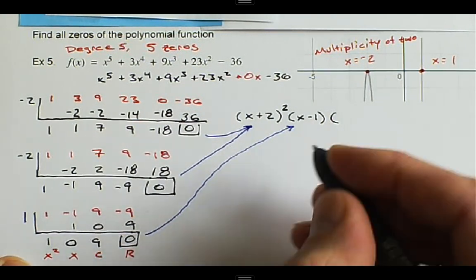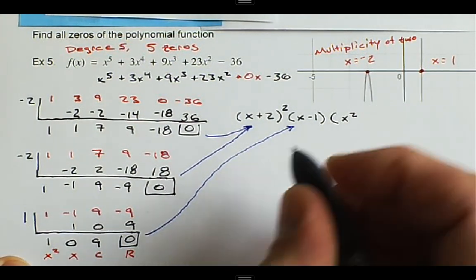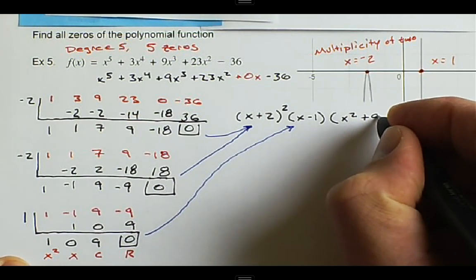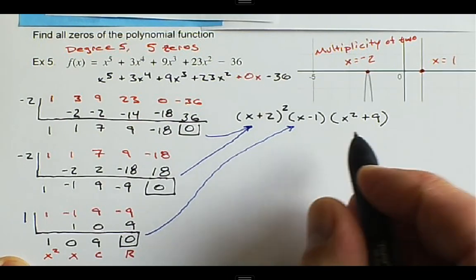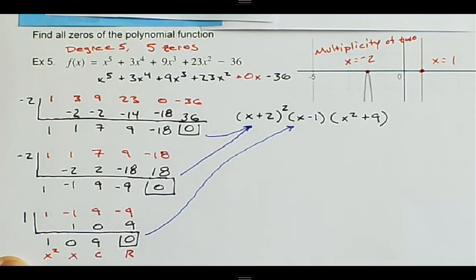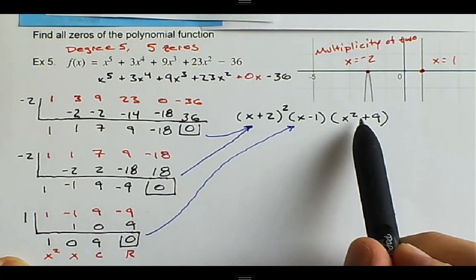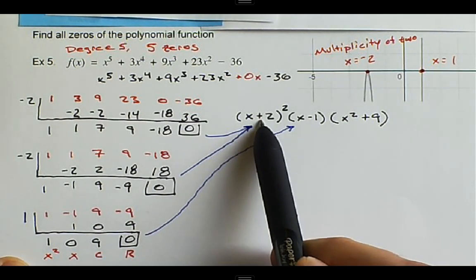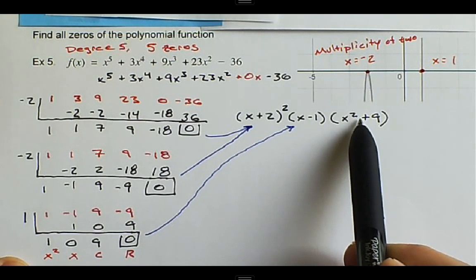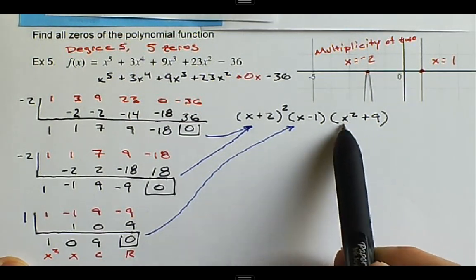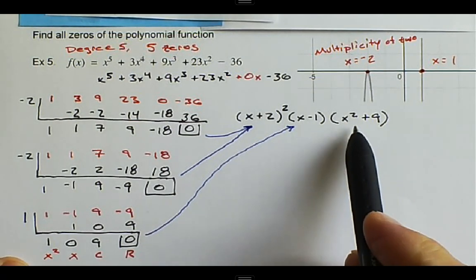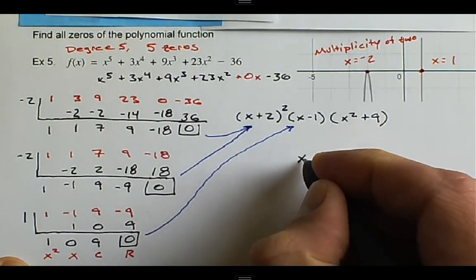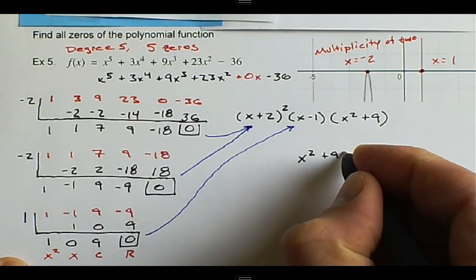So 1x squared plus 0x plus 9, and that is our last part of our polynomial. So we have 1, 2, 3 zeros, and then this will be 4 and 5. So we have to figure out what our zeros are here. So we'll take this polynomial and set it equal to 0. So we get x squared plus 9 equals 0.